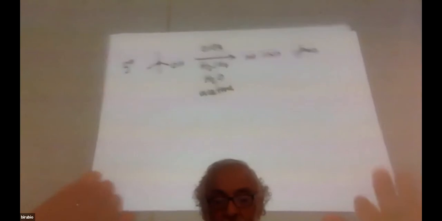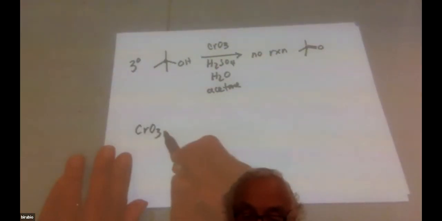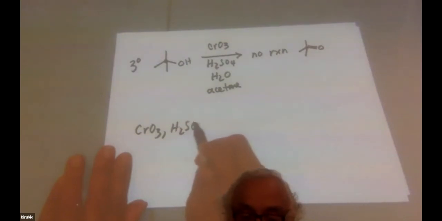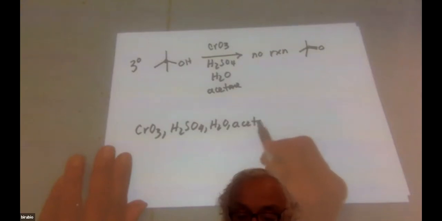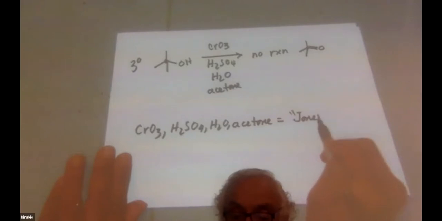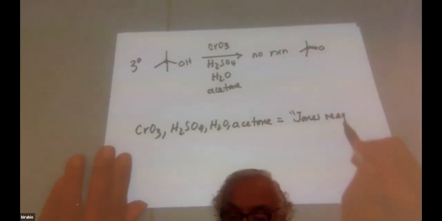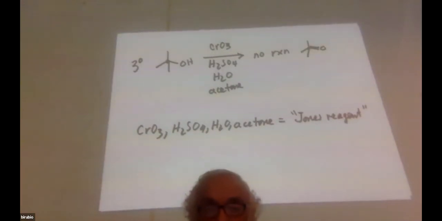Okay, so this complex of reagents here, this chromium trioxide, H2SO4, water, and acetone, this is called the Jones reagent, in honor of the fellow that discovered this combination sometime in the 1920s.